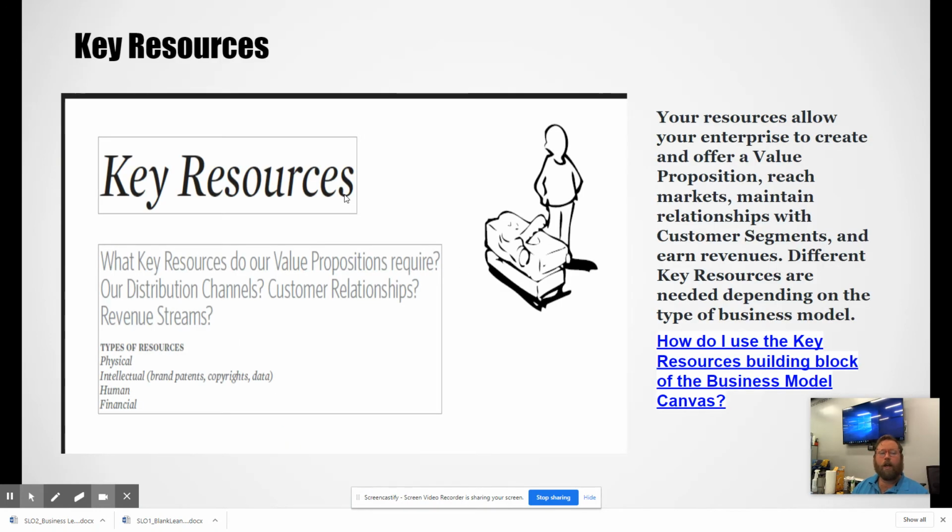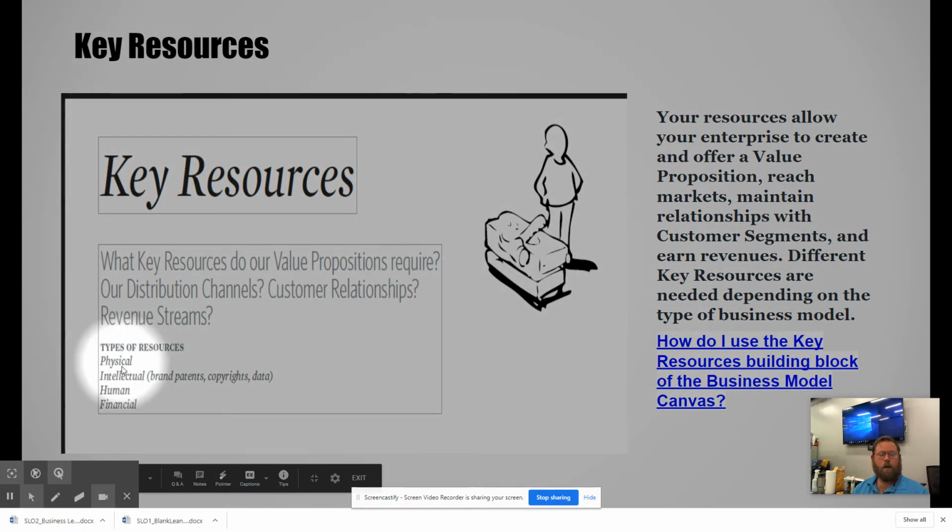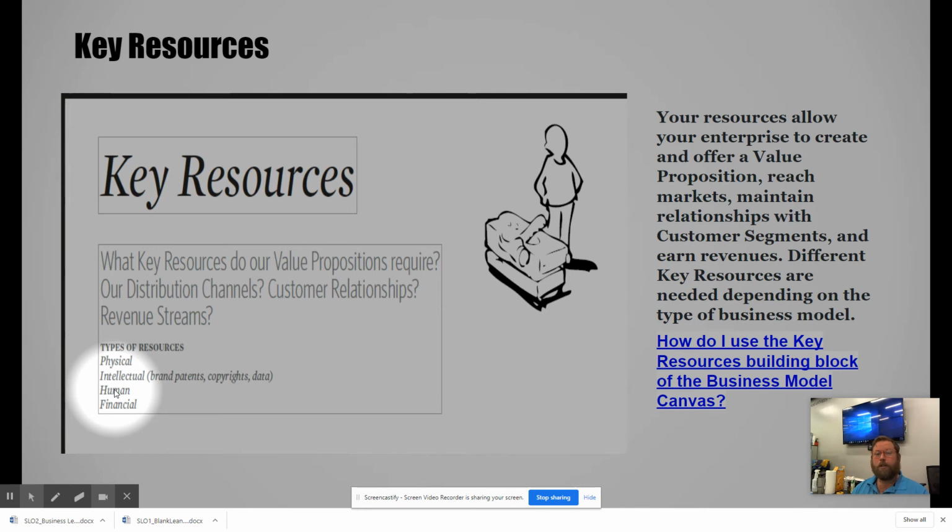Now, when I go to key resources, it's what do we need in order to be able to deliver this? And there are 3 or 4 different types. There's physical, intellectual, human, which would be leadership, intelligence, quality of your staff, and then finally financial. Do we have the financial means?